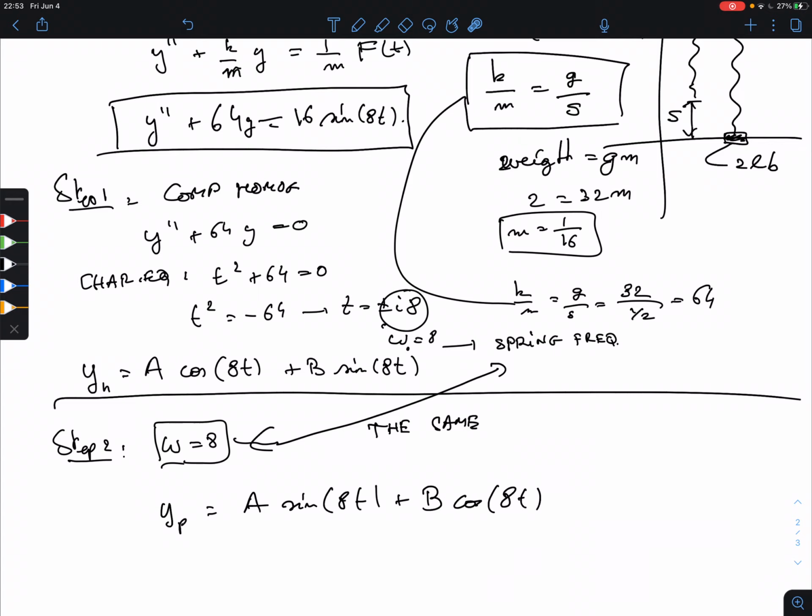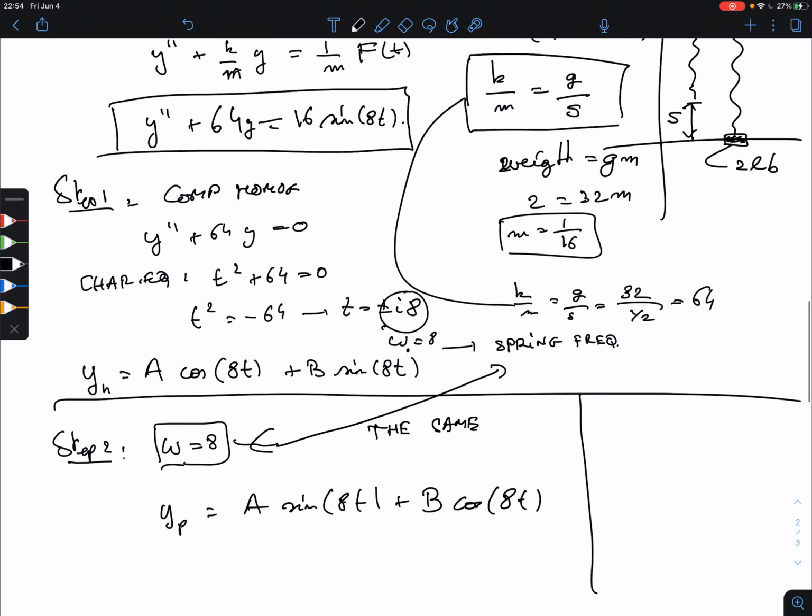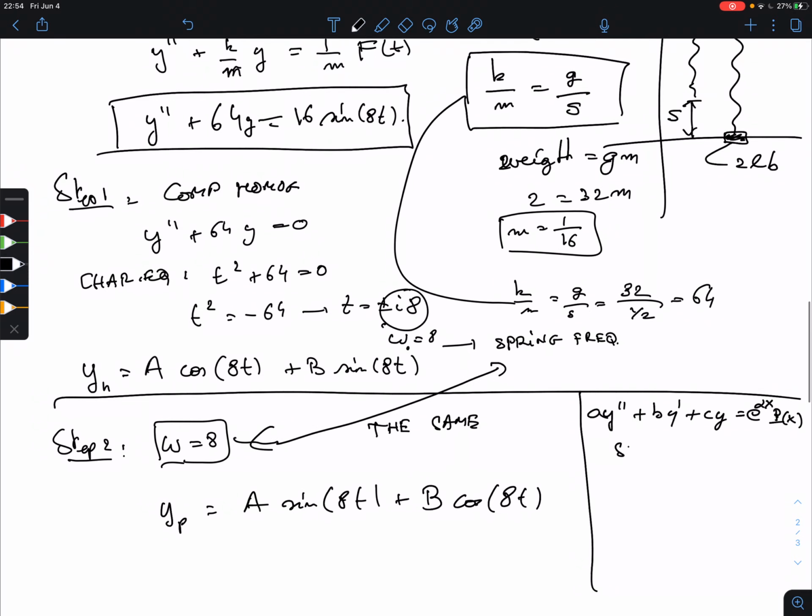So what is the rescue? What do we have to do? And I remind you what it is. The same thing happened in the case where, so I remind you that if we would have an equation like this here, a general second order equation of the form with e to the alpha x on the right, there was also a special case, namely the special case is alpha was a root of this characteristic equation.